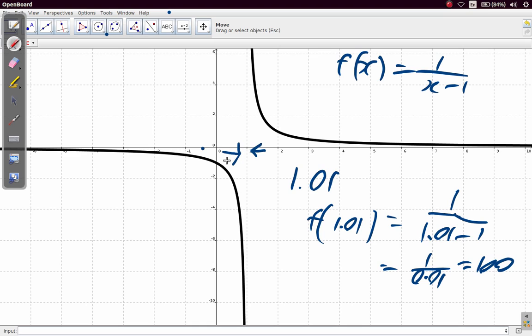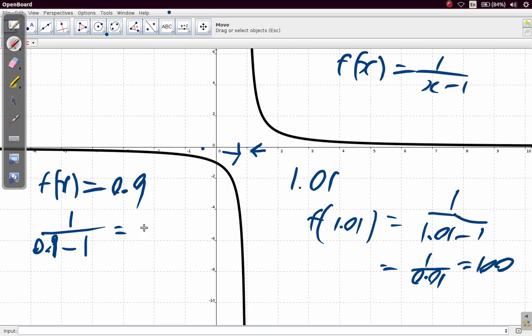What's happening on the left? Let us say you don't reach 1 yet from the left, so it's 0.9. You have 1 divided by 0.9 minus 1.